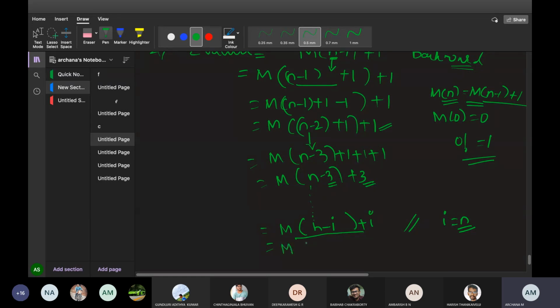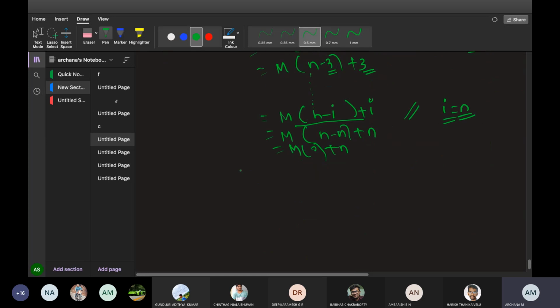So I should stop this at n minus n plus n, because I equals n. So M of 0 plus n. What is it that you finally get? M of 0, I had given as 0, plus n. Finally, I got the value n. You can represent it as big O of n.